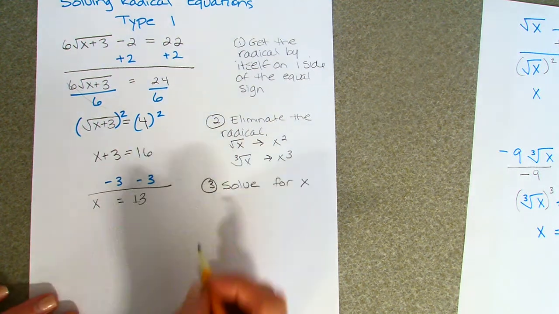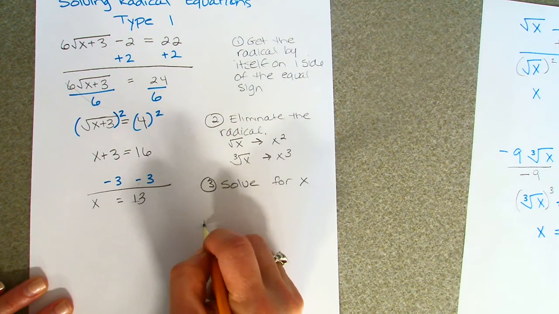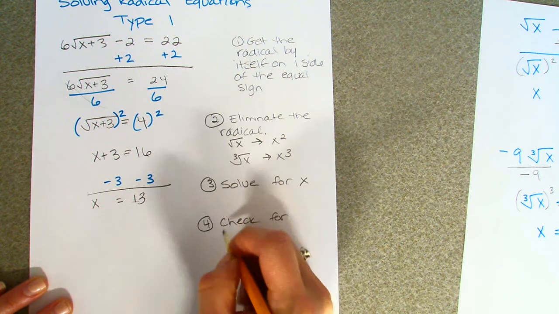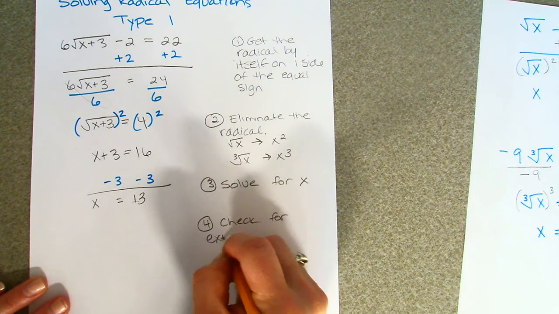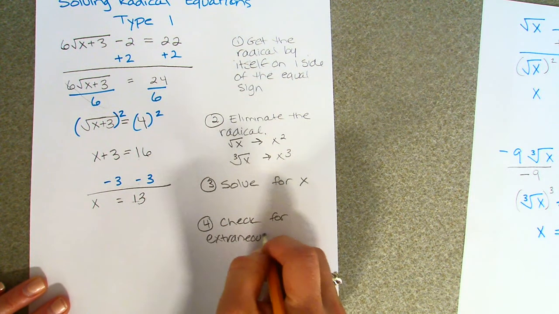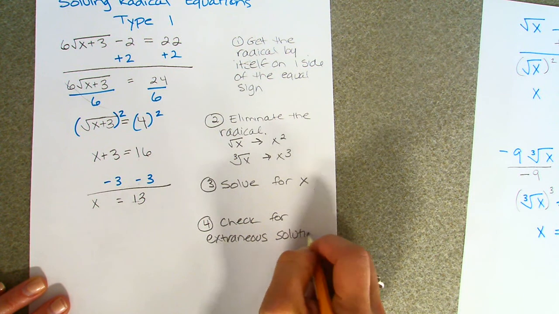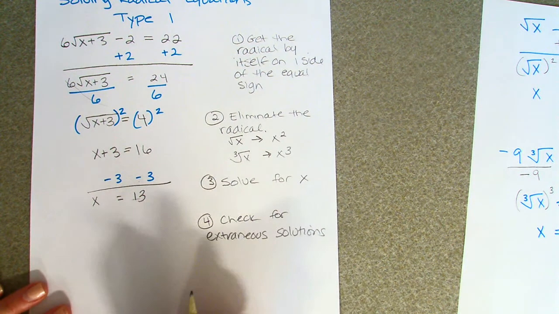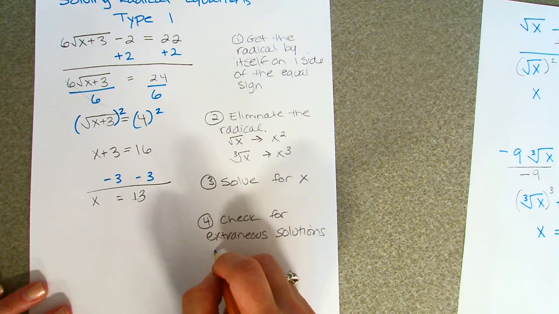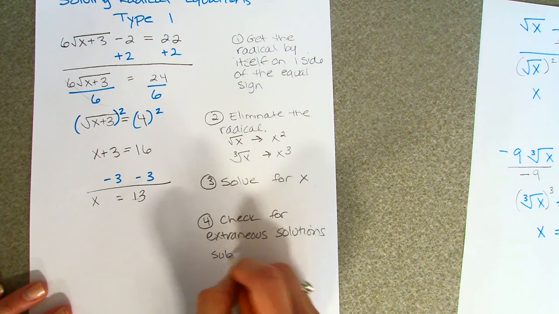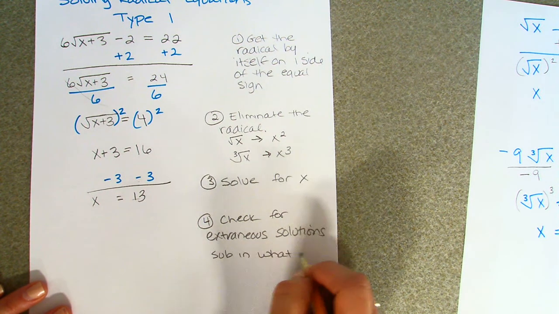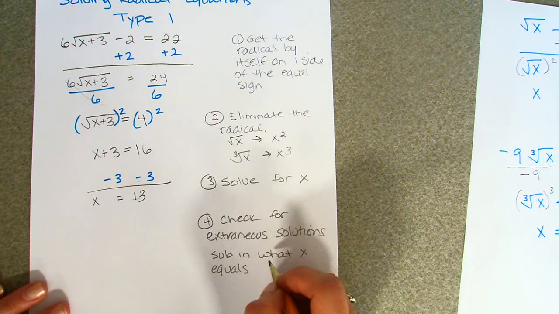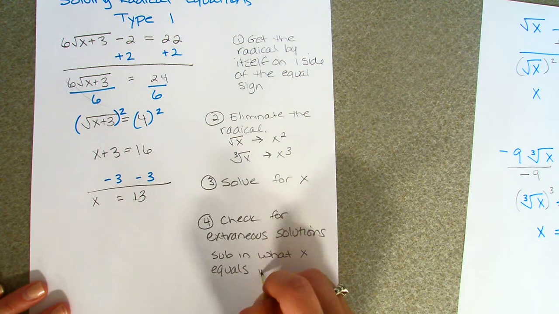So the way we check, and that's going to be our 4th step, we're going to check for extraneous solutions. And yes, you really need to do this. The way you check for extraneous solutions is you're going to sub in what x equals into the original equation.